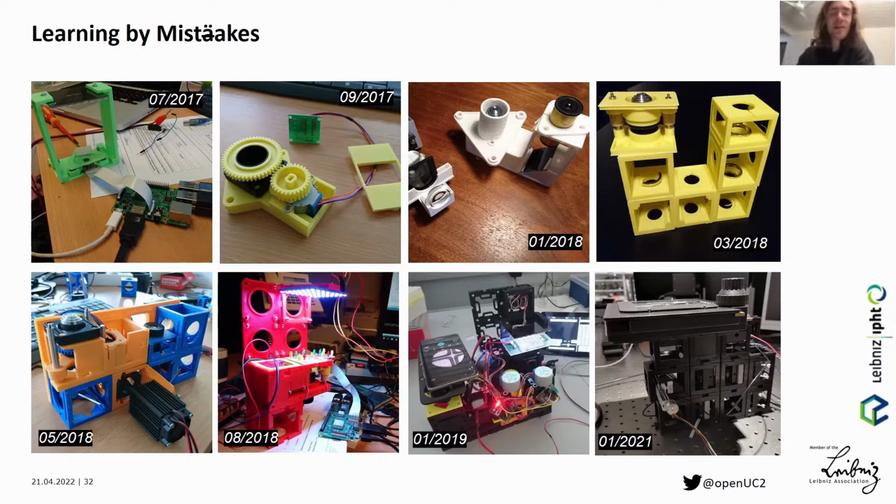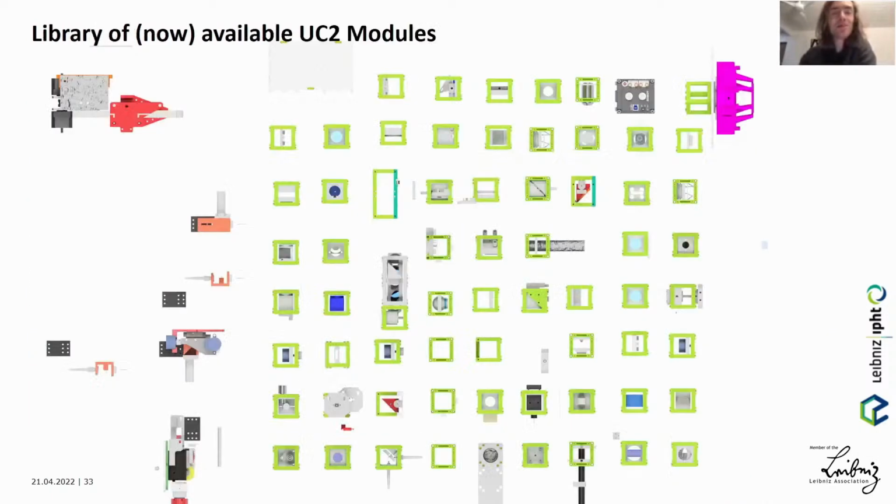And now we're at a state where you have a bunch of modules, and you can just choose from a library similar to Python, where you just import your modules and you just make use of existing solutions, so to say. So, for example, we have also adapters for the open flexure stage or XYZ stages.